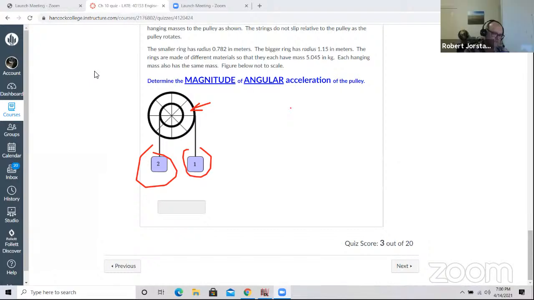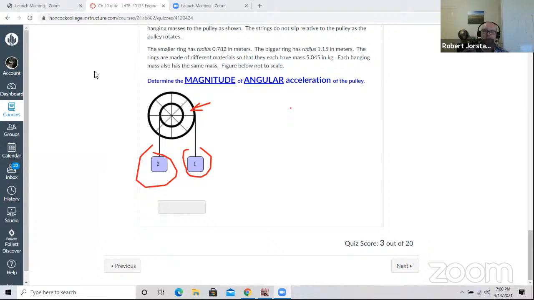It's nearly identical to 10.56. The only thing different is the moment of inertia. So if you want 10.56, we'll show you exactly how to do that one. Okay? Sweet, I circled it. If you look at it, you're like, oh man, it is the same.